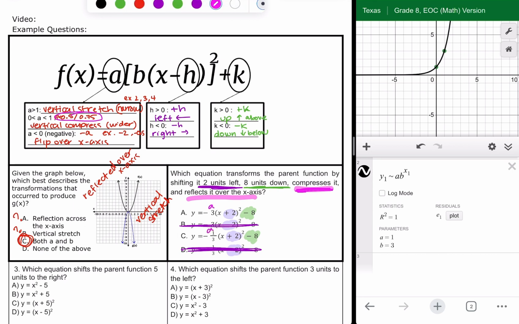We know that this one is a vertical stretch, and this one is a vertical compress. So your answer would be C.